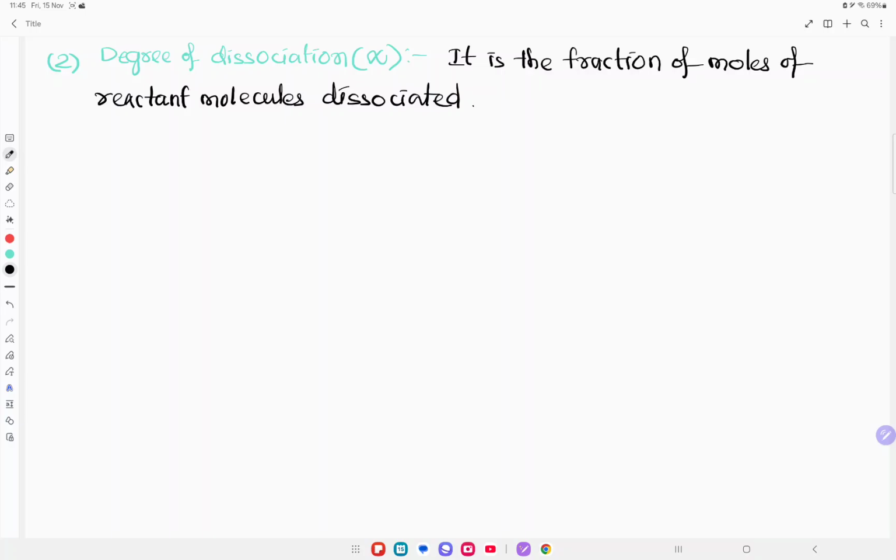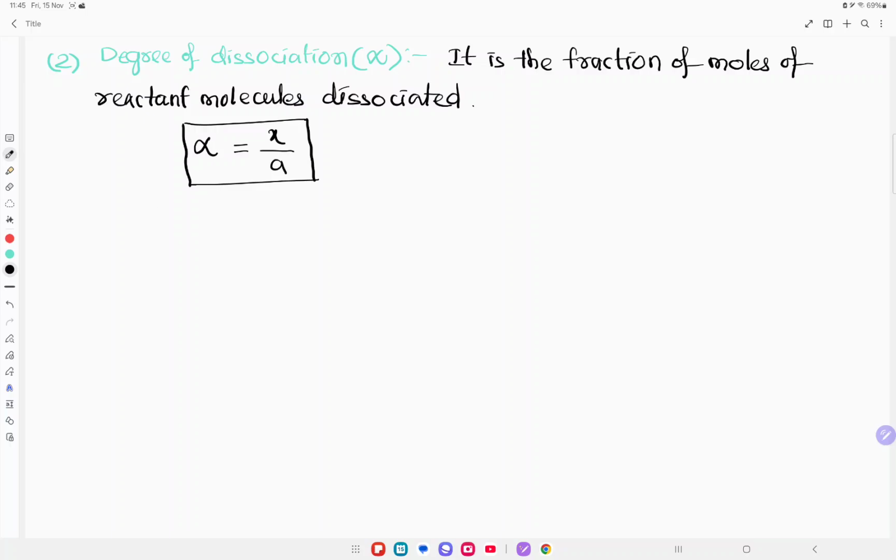For example, if number of moles of reactant taken initially is A, degree of dissociation alpha is equal to X by A. So what is alpha?